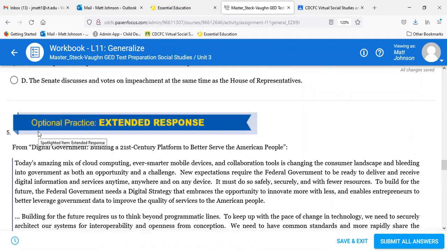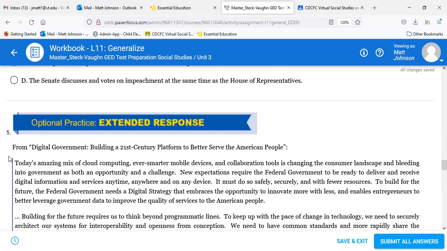First and foremost, we look at the title, "From Digital Government, Building a 21st Century Platform to Better Serve the American People." So today's amazing mix of cloud computing, ever smarter mobile devices, and collaboration tools is changing the consumer landscape and bleeding into government as both an opportunity and a challenge.